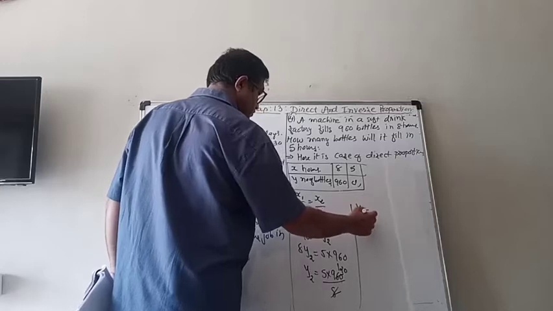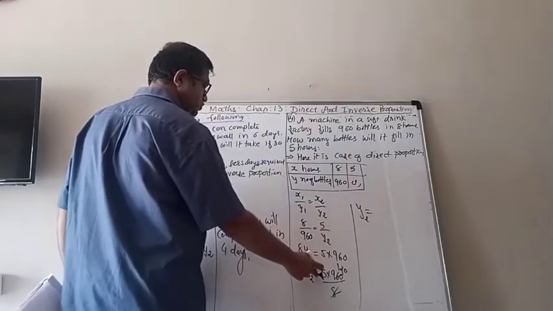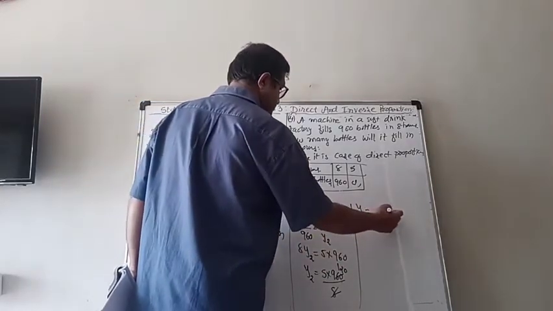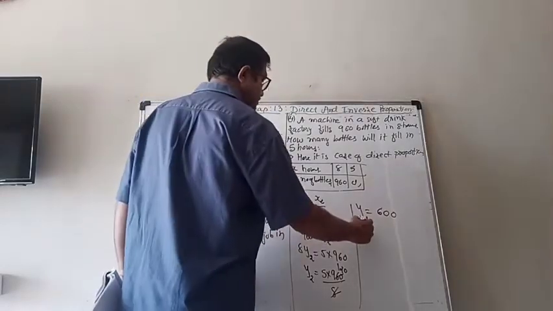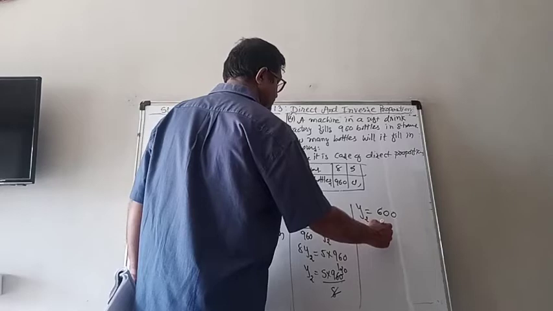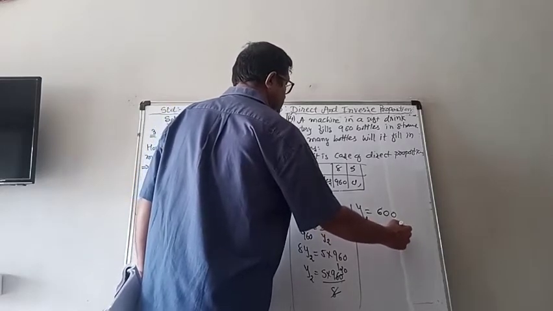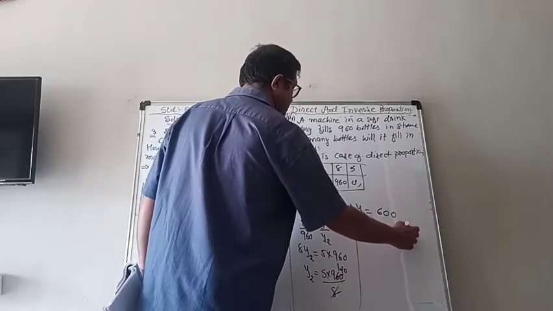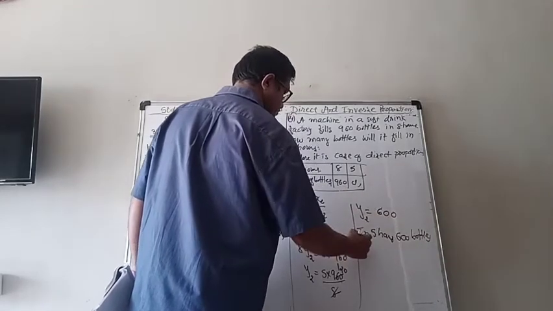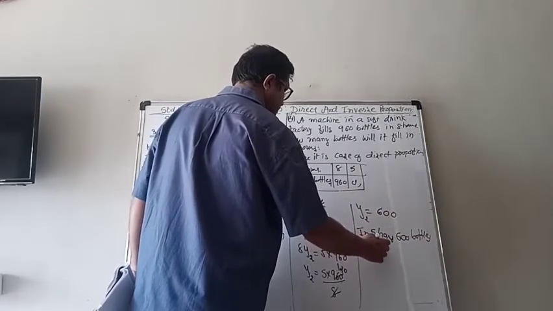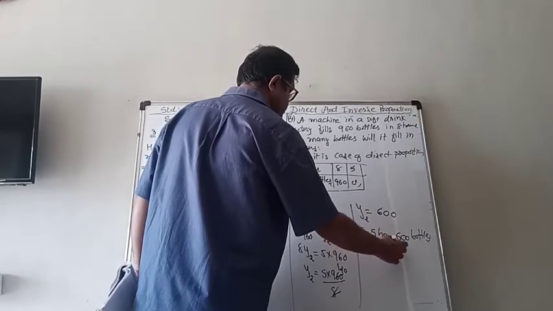So y2 is equal to 12 5s are 60, so 600. So in 5 hours, 600 bottles will be filled.